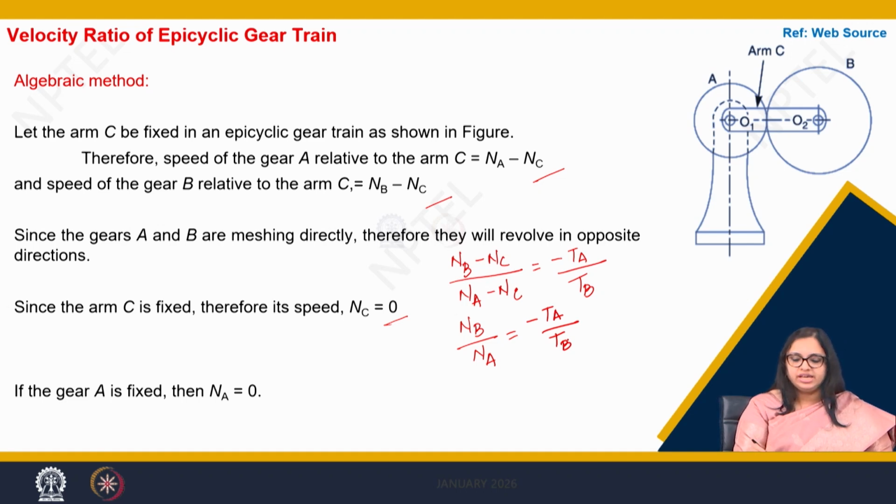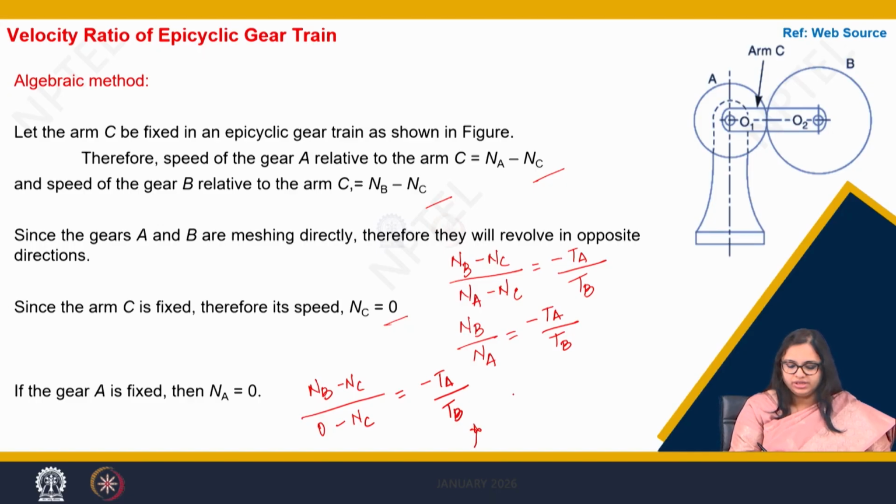However, let's say in this equation my gear A is fixed. How will my equation be? It will be NB minus NC by 0 minus NC, which is equal to minus TA by TB. So my final equation will be NB by NC equal to 1 plus TA by TB.